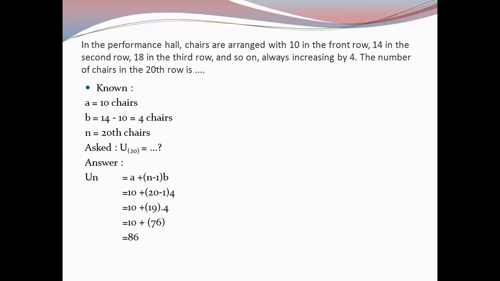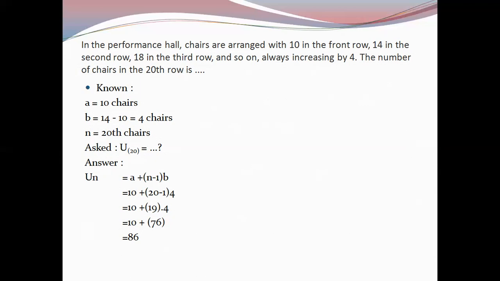Okay, a is equal to 10 chairs. b is equal to 14 minus 10, which is 4 chairs. And there are 20 rows, so we need the 20th term.